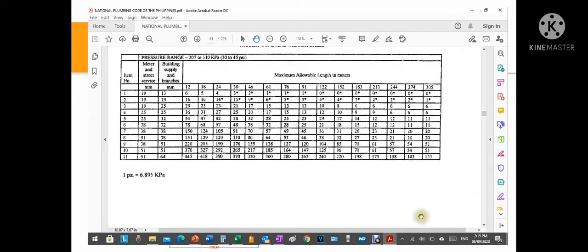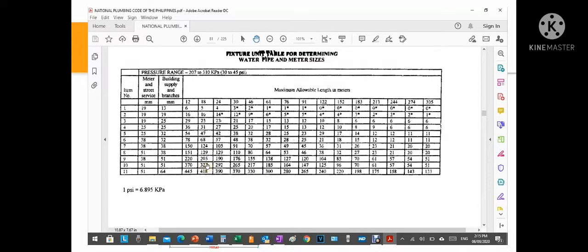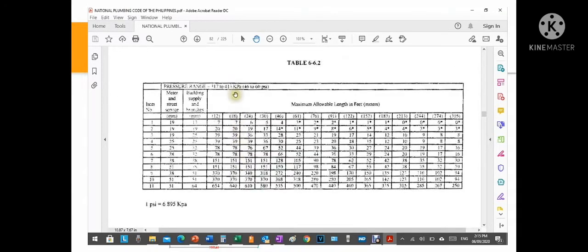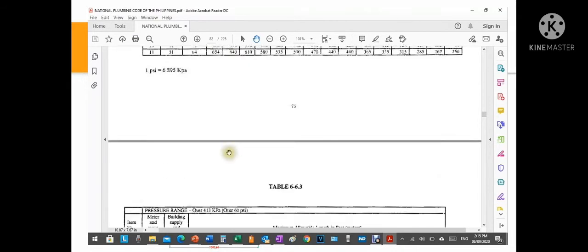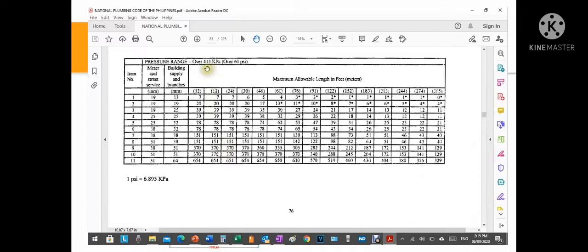So again, you identify the table where our pressure will fall. So it could be from 30 to 45 psi or 207 to 310 kilopascal. It can also be 46 to 60 psi or 317 to 413. And if we have over 60 psi or over 413 kilopascal.